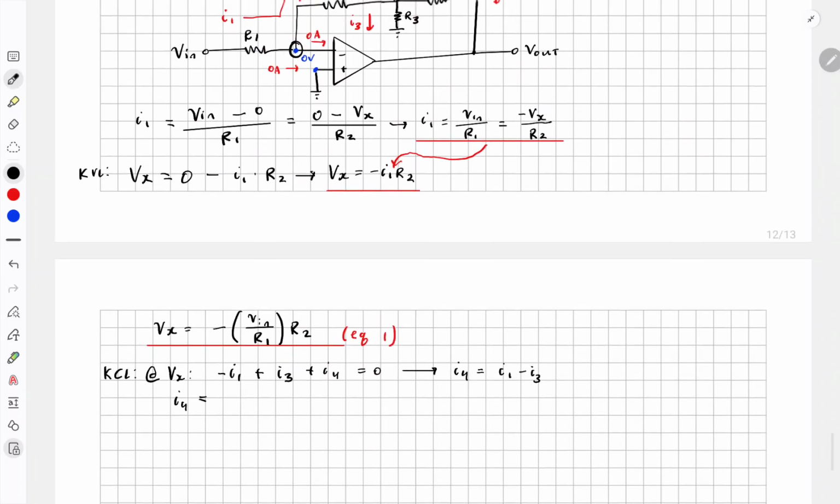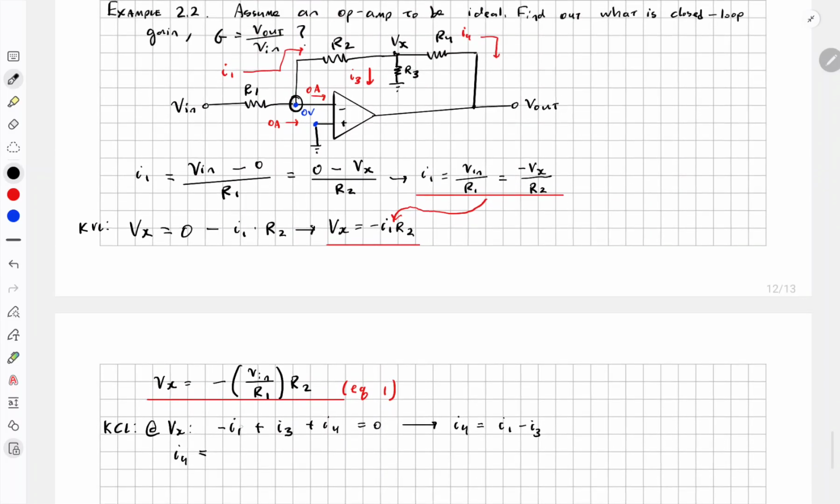Actually, let's not do that because that will keep Vx in the equation. Let's do it this way.